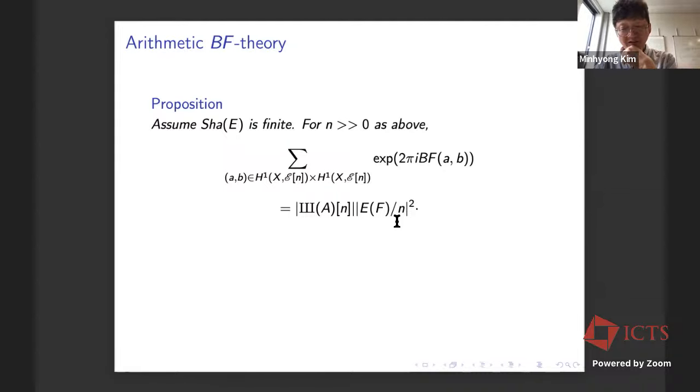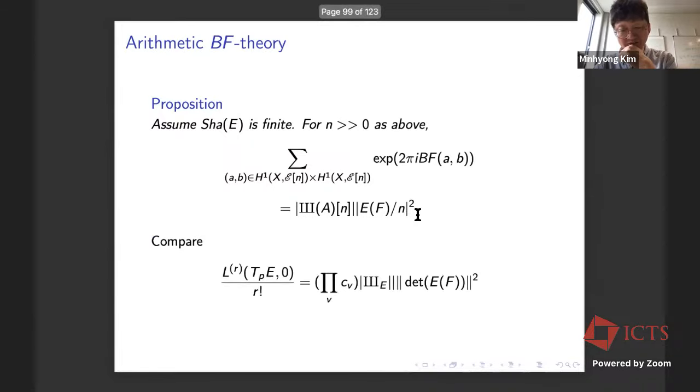So it's very mildly amusing that you get the square of the modulus mod n, which is what you should get. That's what the regulator of an elliptic curve is, right? And it seems to come out correctly that way. It's the square of a volume that is the regulator, and you get a square-of-volume type term for this sum as well. So this is very suggestive of the formula that occurs in BSD.